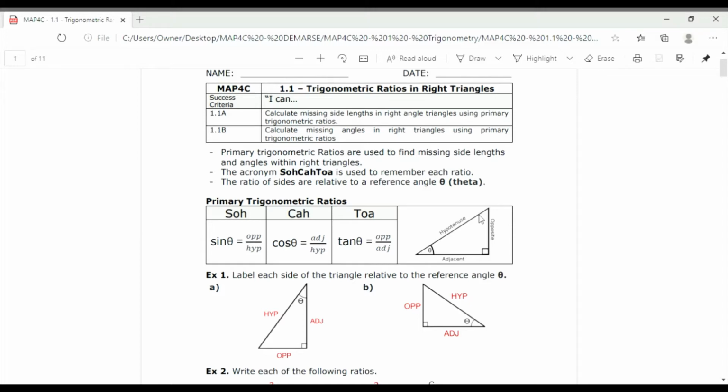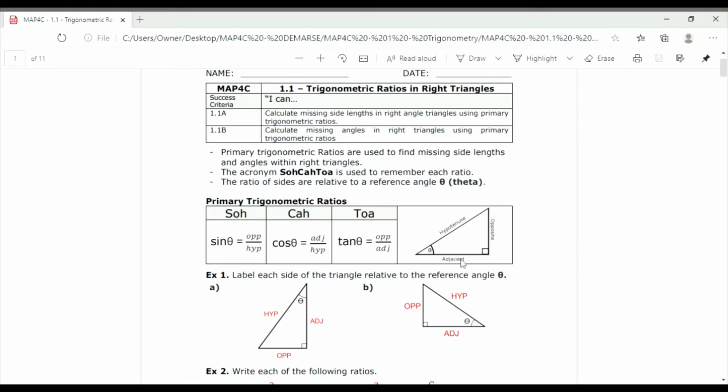Now, the opposite and adjacent sides depend on where the angle theta is. So next, locate where the angle theta, that Greek symbol, is. The opposite side length is the side literally opposite from that angle, or far across from it. The word adjacent in general means next to or beside.